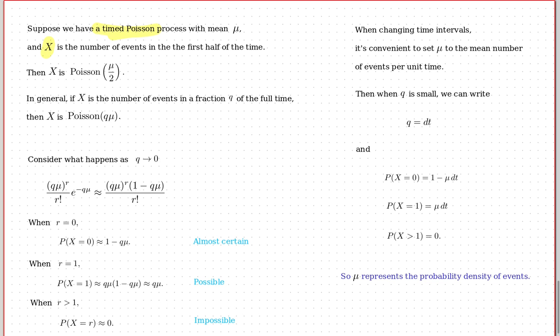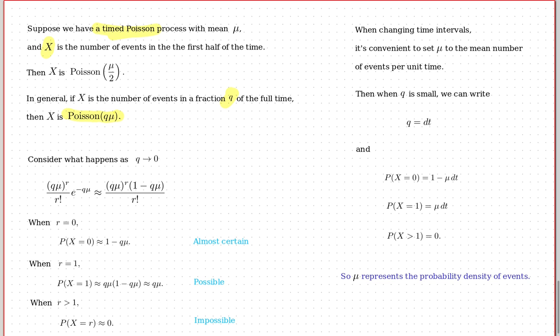So in general, if you're just looking at a fraction q of the total time period, then you can just assume that that has a Poisson distribution, and all you have to do is adjust the mean to be q times mu. If q is the fraction of the time you're looking at, then the mean would also be q times the original mean.